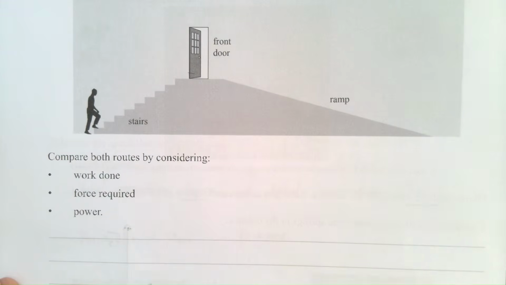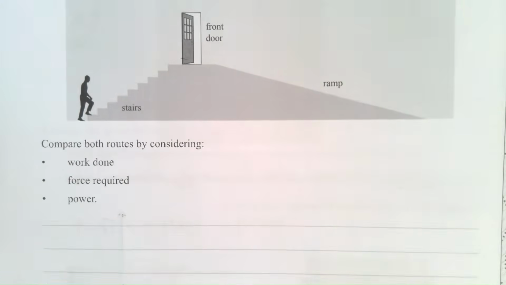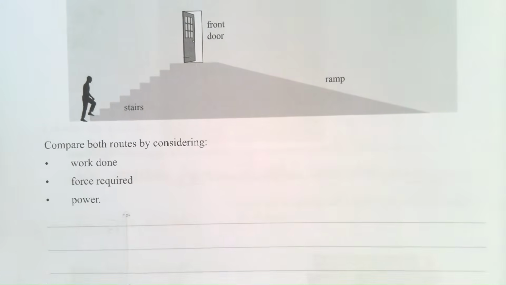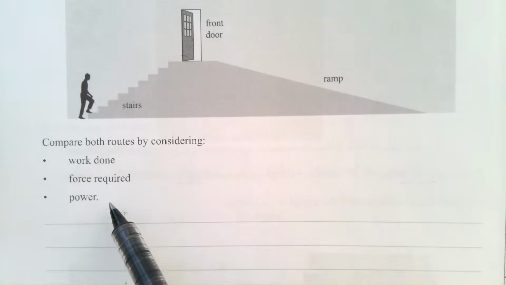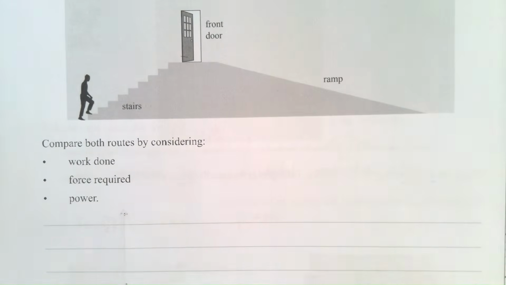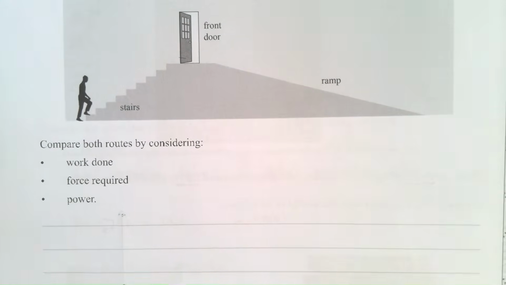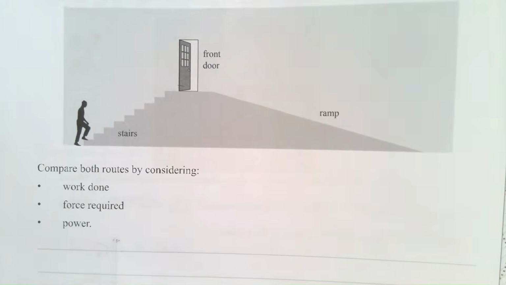Now, often with these sorts of longer written questions, you are almost required to discuss an equation, and this is looking like we have to use multiple equations in our answer. Before we start writing, therefore, I'm going to write down here what the relevant equations might be. Because we're talking about work done, force and power, those are the ones I'm going to look for.